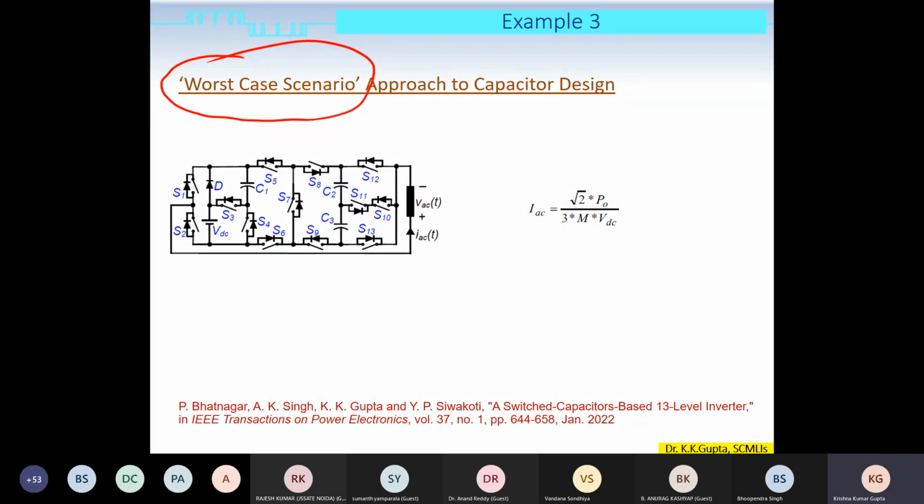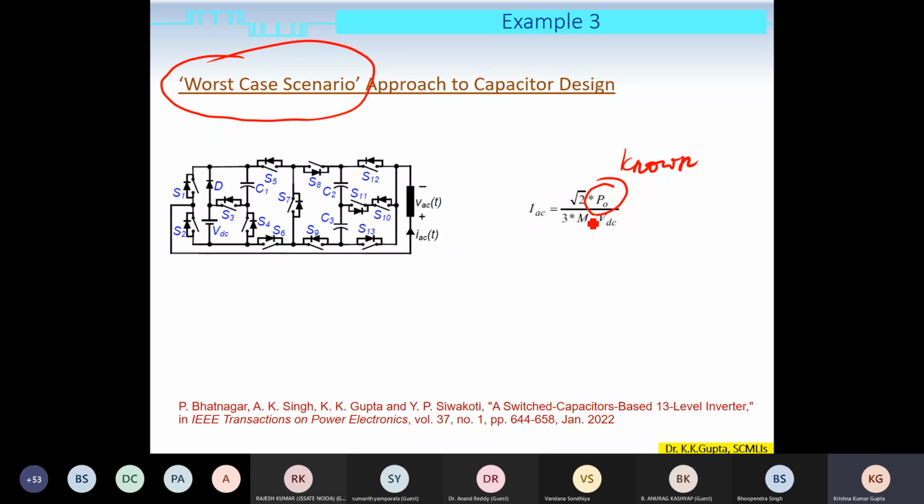But before that, we should understand what the conditions are which are imposed by the requirements at the output side, right? So normally when we are asked to design an inverter, we will be told about the output power. So this output power is known, right?